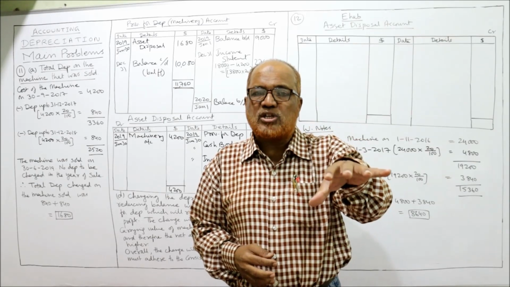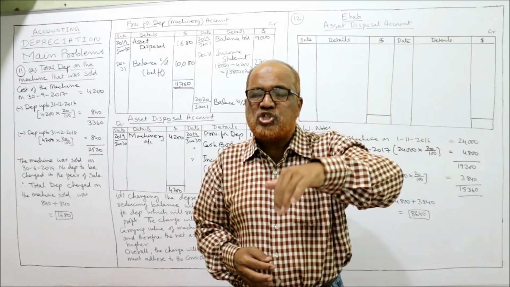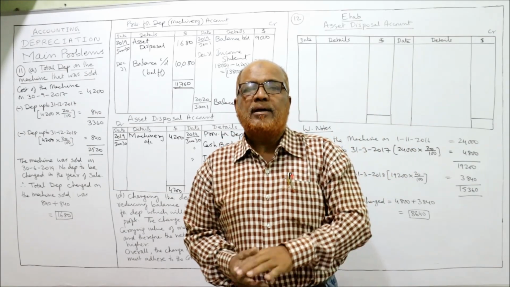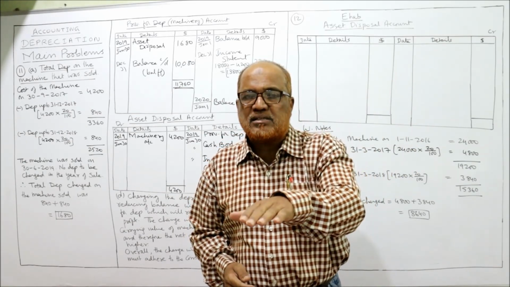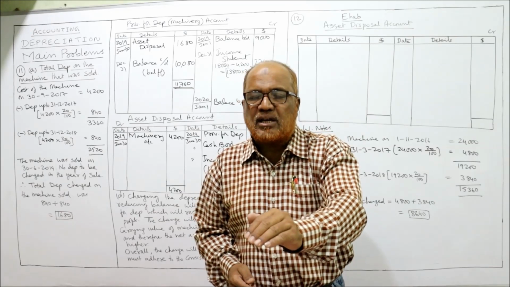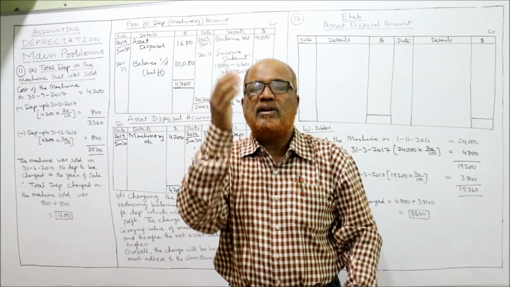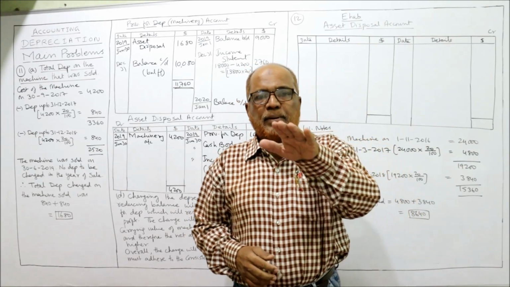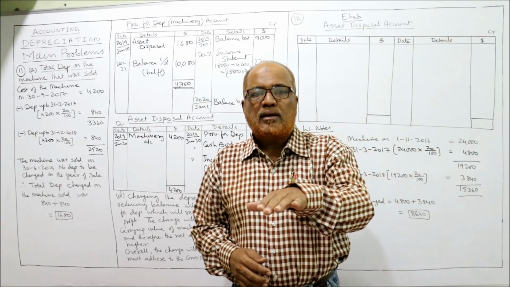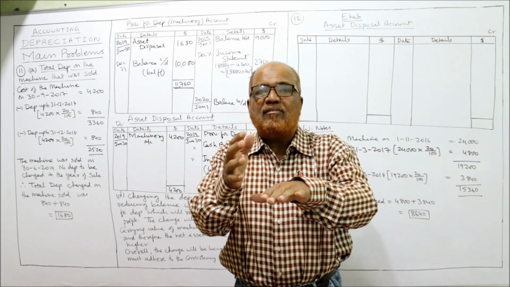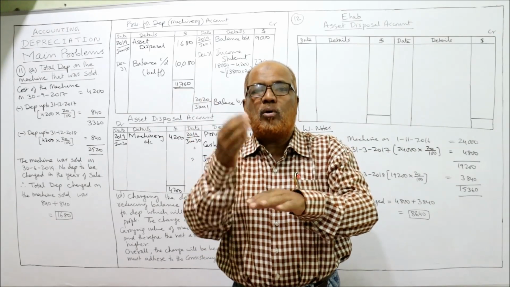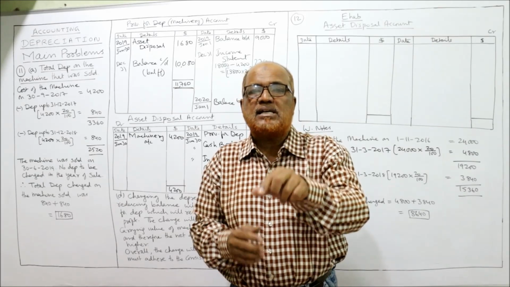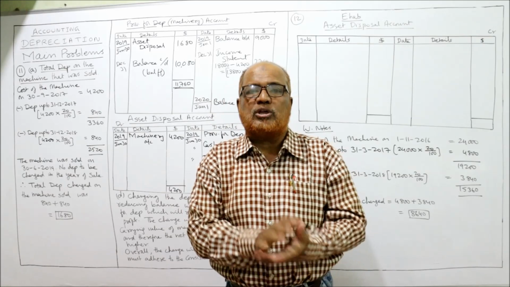The effect on the financial statements is that when we change the method of depreciation from SLM to RBM, the amount of depreciation will decrease. When the amount of depreciation decreases, the profitability will increase. That is the first effect. The second effect is that when the depreciation is lower, the carrying value of the non-current asset will be more in the financial position.